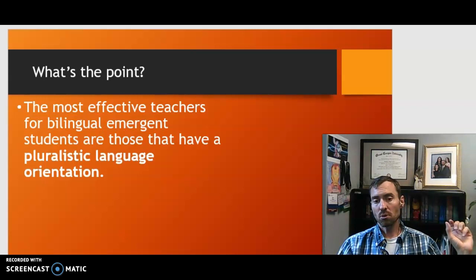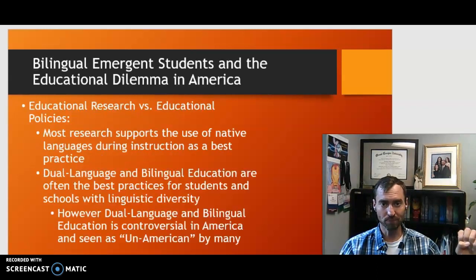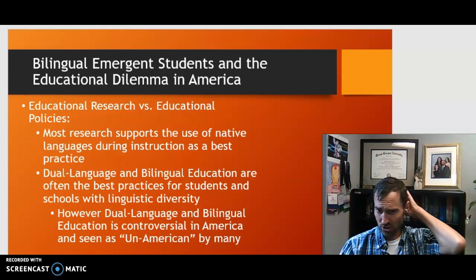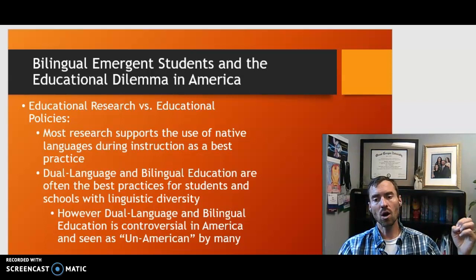The term that we use is pluralistic language orientation, meaning that it's good to know multiple languages and it benefits them. And it does. The research out there clearly says it benefits you to know multiple languages as a human being. So, all this to be said, I've already mentioned the research is showing that dual language programs and all that are usually much more beneficial to learning, but often people look at it as un-American.